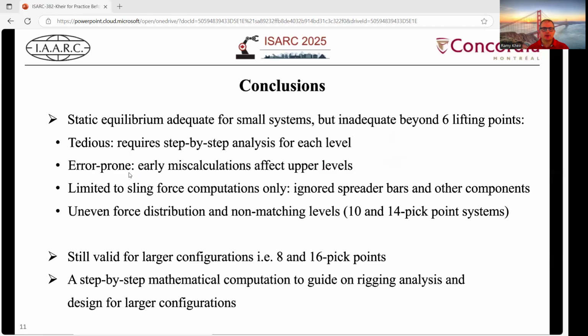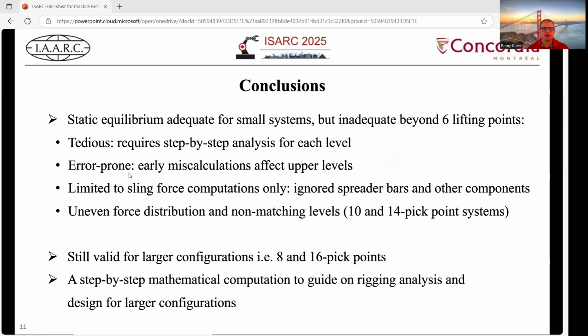To conclude, we can say that the static equilibrium method works fine for small systems up to 6 lifting points. However, it becomes less efficient with more complex configurations. First, it becomes tedious for having to do a step-by-step systematic analysis for each level. Also, it's error-prone by having to use computed values many times for each new calculation.